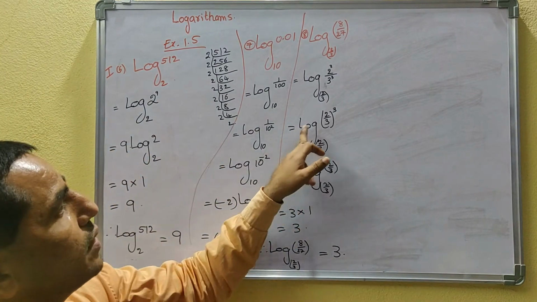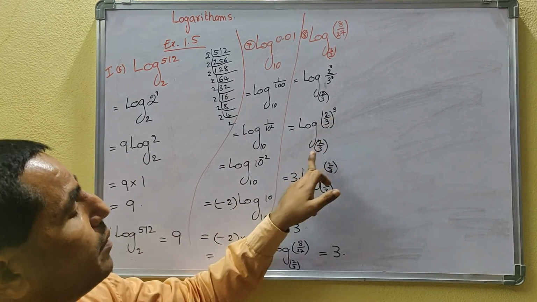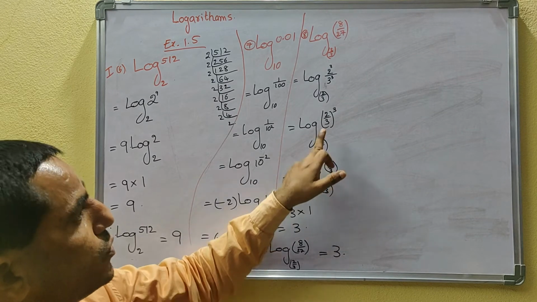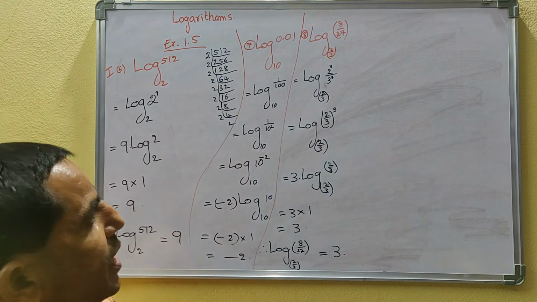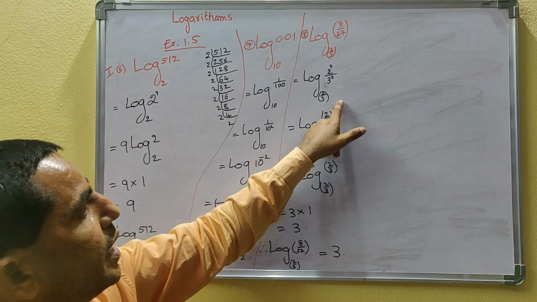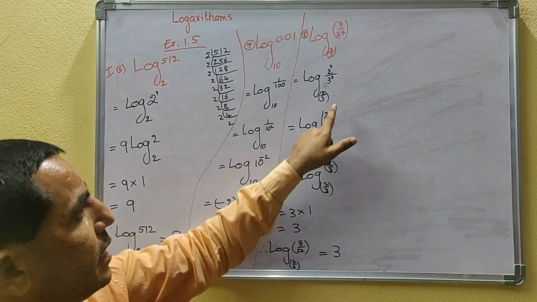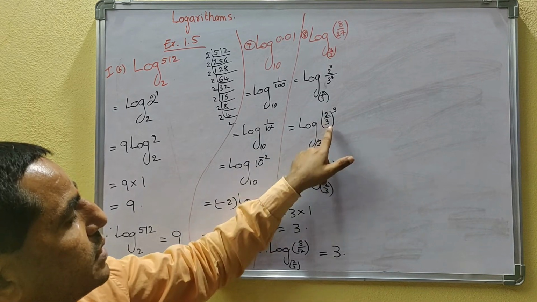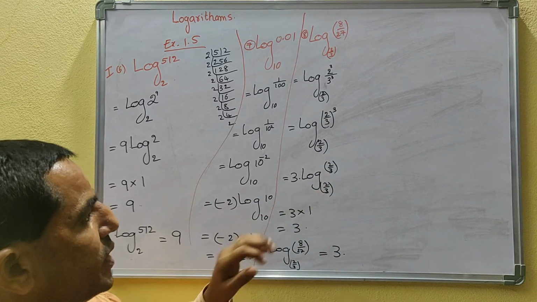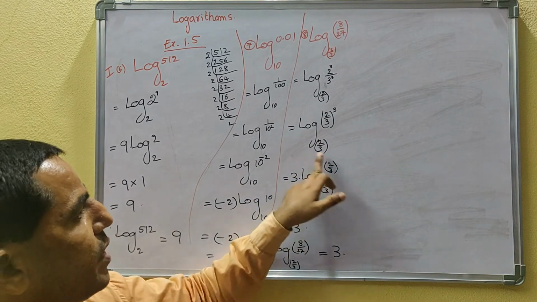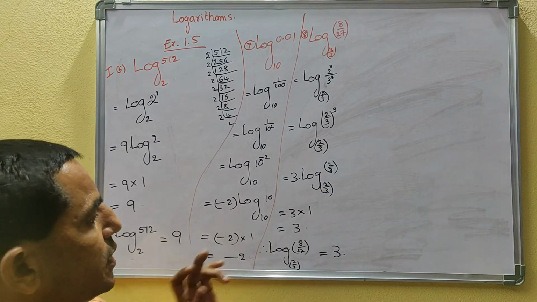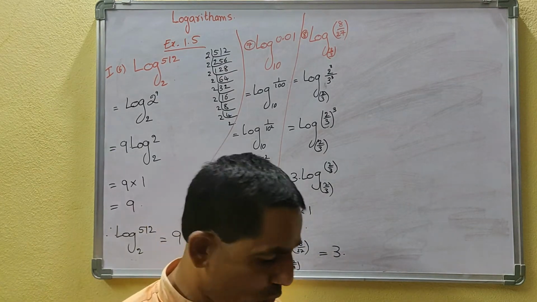So here log 2 by 3 whole cube, base 2 by 3. So again in the logarithmic formula, log a to the power of m base b is equal to m into log a base b, means here 3 into log same 2 by 3, here also 2 by 3. So 3 into its value 1. So 3 into 1 is equal to 3. So it is 8th question.